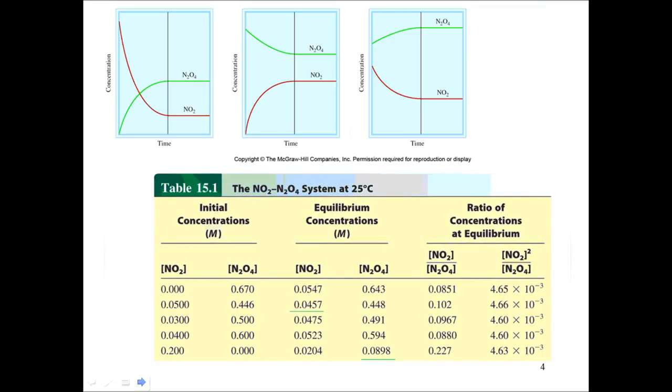On slide 4 then, let's look at some graphs of this experiment, the NO2, N2O4 system at room temperature. Over time, we see a decrease in this top left graph of N2O4 and an increase in our product. But what we see over time is that there actually are some constant levels.